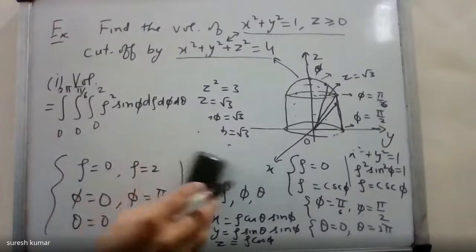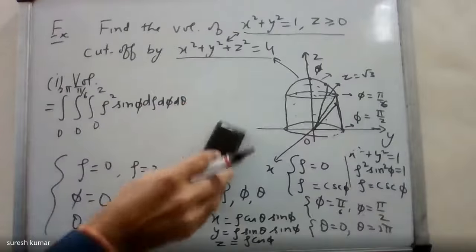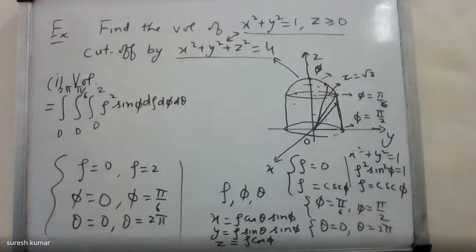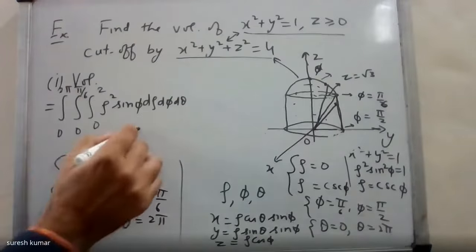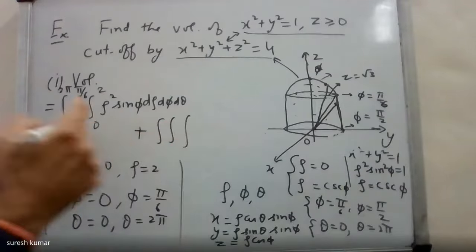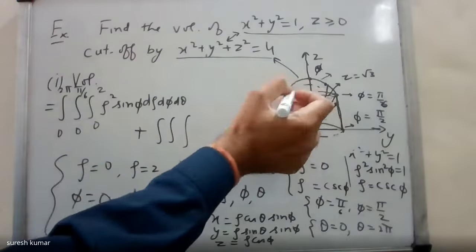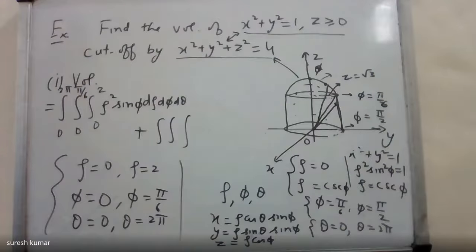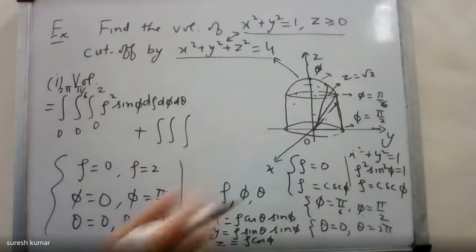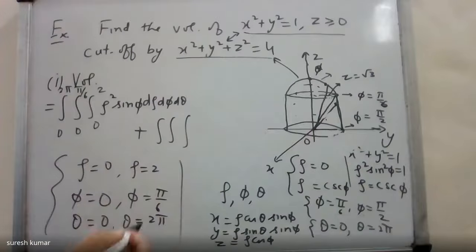Let me clean it so that we have more space to write. Second integral. This is for the part when the line goes out of the spherical top. Second integral is for the part when your line goes out of the cylindrical surface.